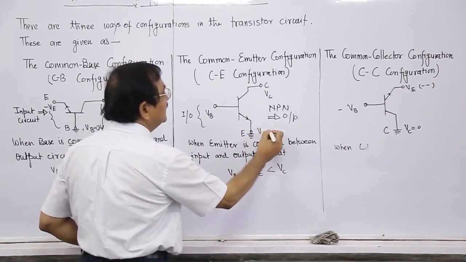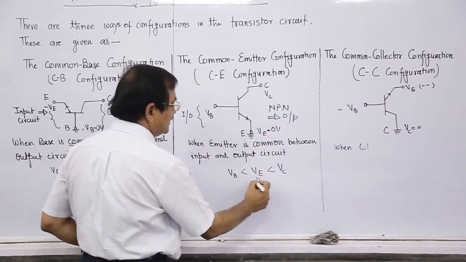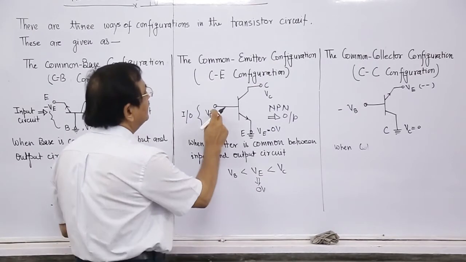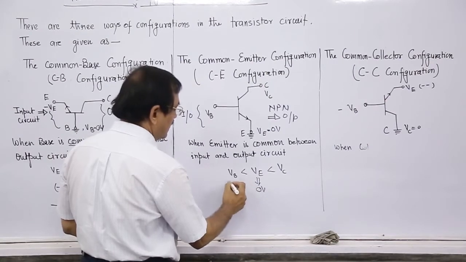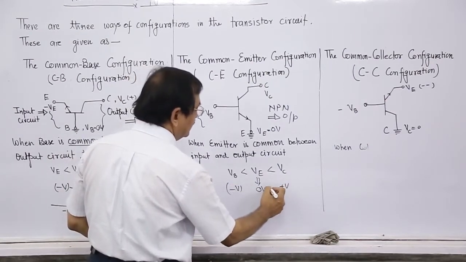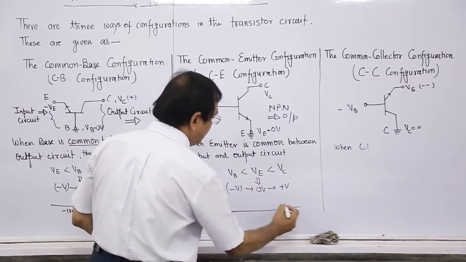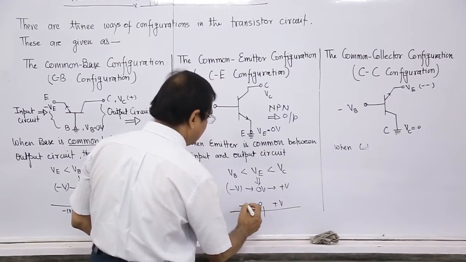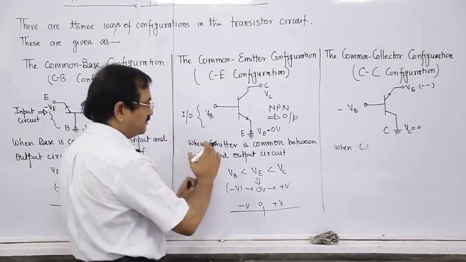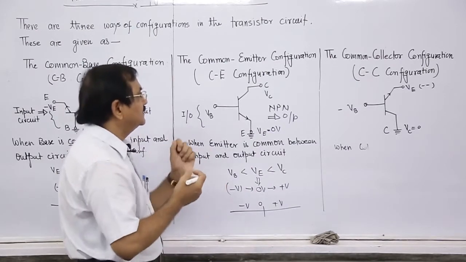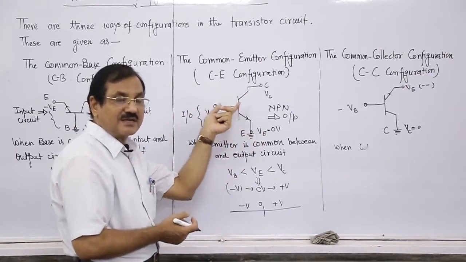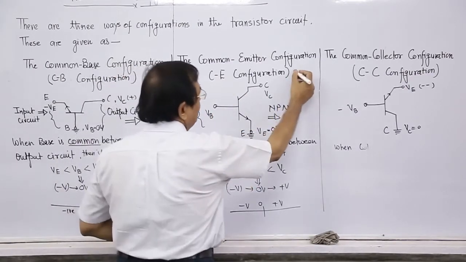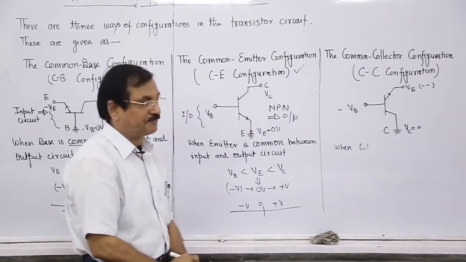The common terminal is 0 volt, this circuit is forward biased, so it is minus volt, and this is plus volt. The largest application of circuits using transistors is the common emitter configuration, so the highest application is the CE configuration.